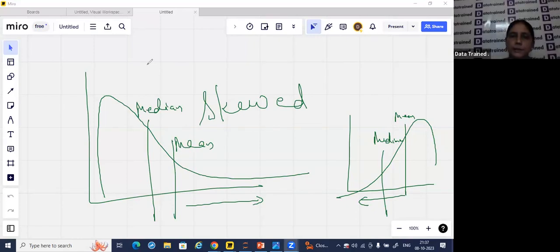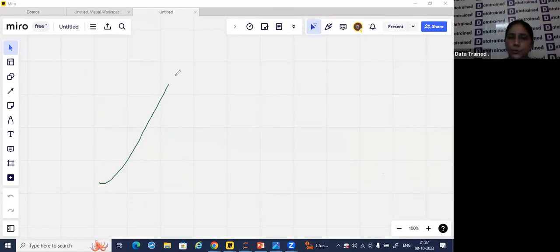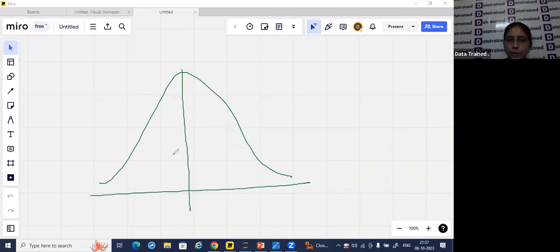Thank you for responses. I also told you, when we talk about the normal distribution, there is a 3 sigma rule or empirical rule, which says that 68% of the data lies up to 1 standard deviation from the mean.